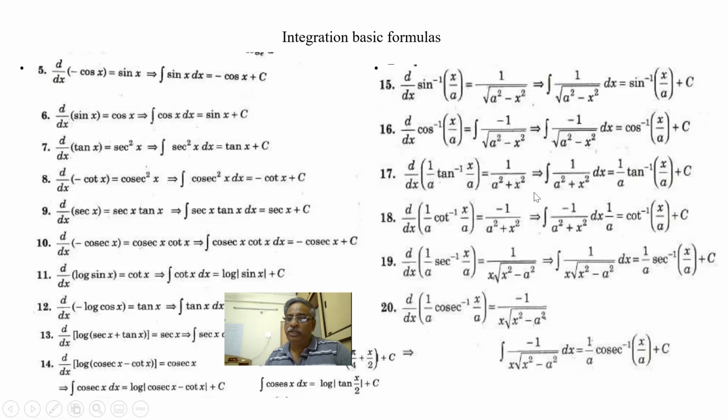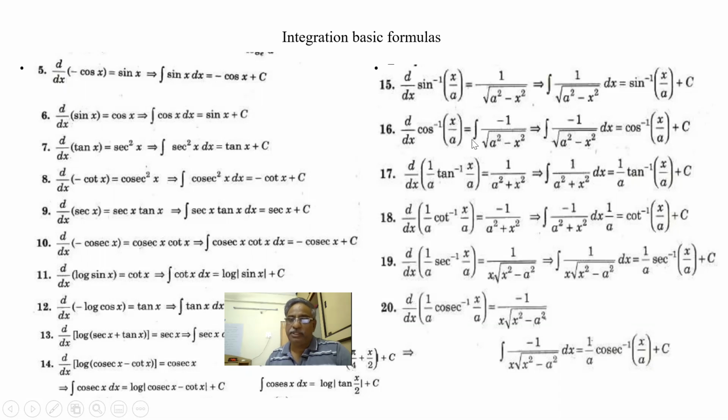So we remember these four: sin h inverse, cos h inverse, tan h inverse, cot h inverse, simply by changing the sign. Root of a square plus x square gives sin h inverse, minus 1 by root of a square plus x square gives cos h inverse, a square minus x square gives tan h inverse, and minus 1 by a square minus x square gives cot h inverse. Simply by changing this, we are getting the hyperbolic functions.